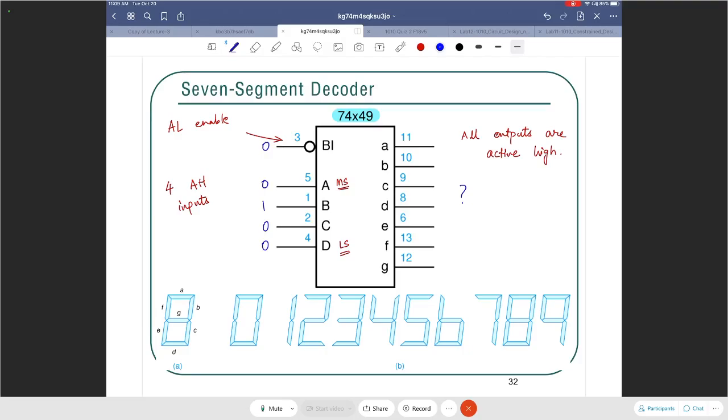So when you see this 0, 1, 0, 0, A being the most significant, then you would consider that string of inputs as essentially 4 in decimal. So 4 in decimal would point to this guy. So let us see what happens with the segments for the 4.